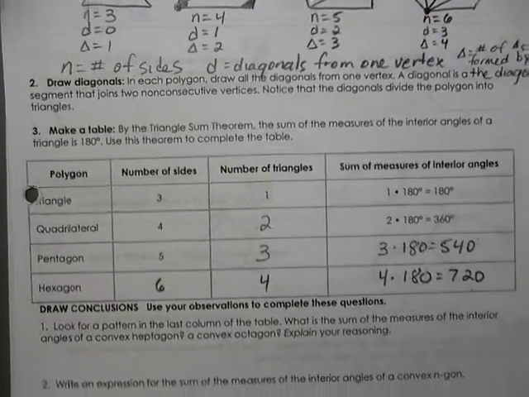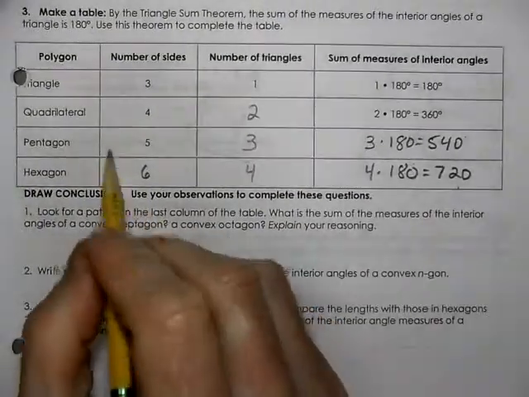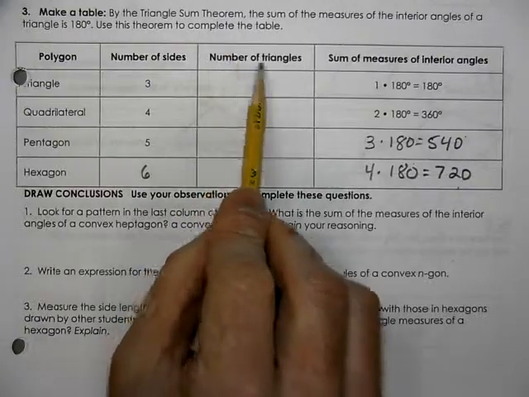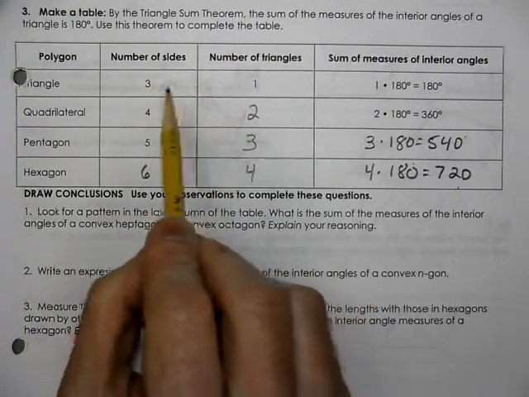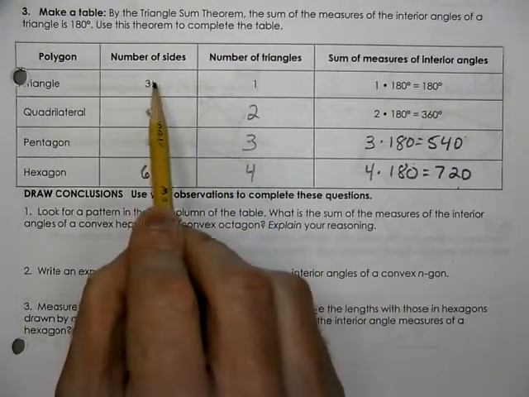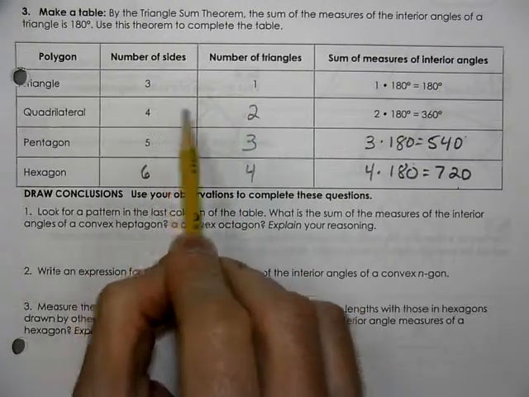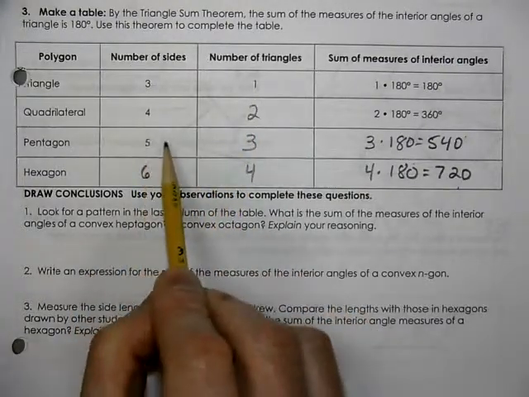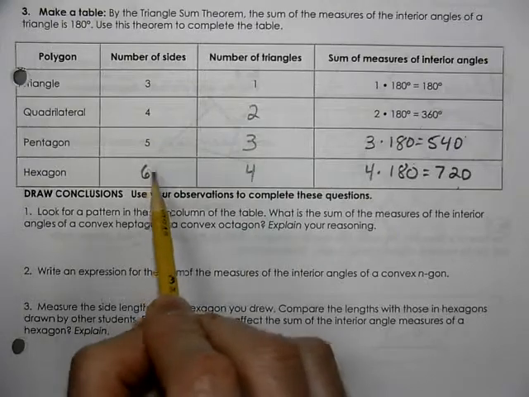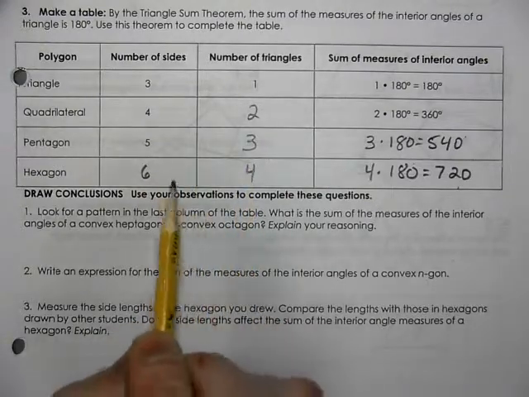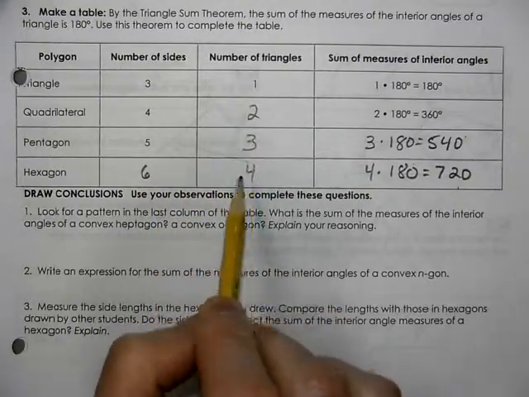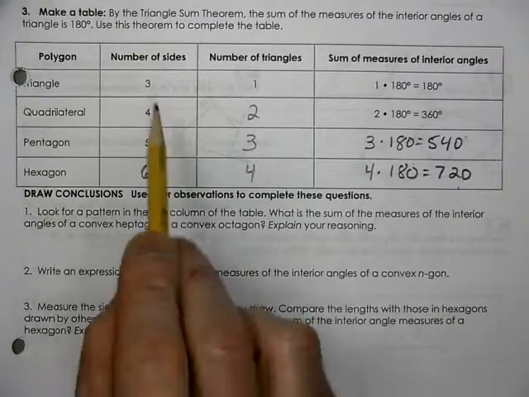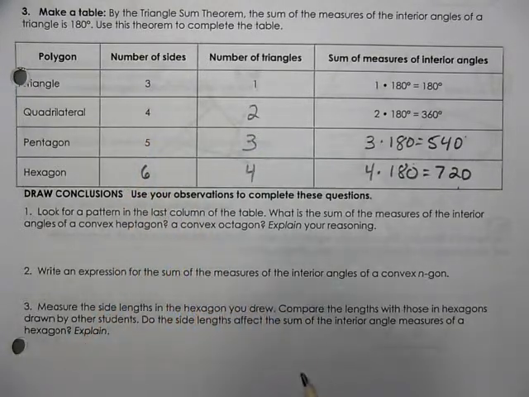So notice that every time we look here, the number of triangles is 2 less. 3 minus 2 gives you 1, 4 minus 2 gives you 2, 5 minus 2 gives you 3, 6 minus 2 gives you 4. So to figure out the number of triangles, it's always 2 less than the number of sides.